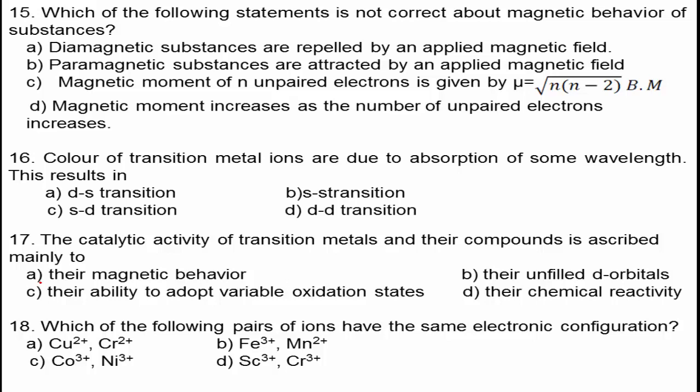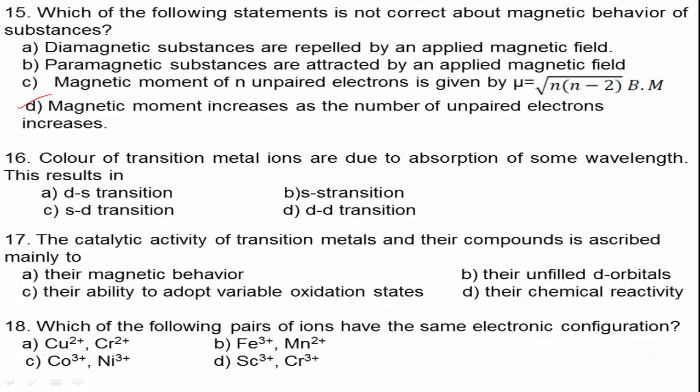But according to option D, in any transition series, the magnetic moment of M ion first increases and then decreases. Therefore, option D is not correct about the magnetic behavior of substances, because it says magnetic moment increases as the number of unpaired electrons increases. This is the incorrect statement. Answer D.